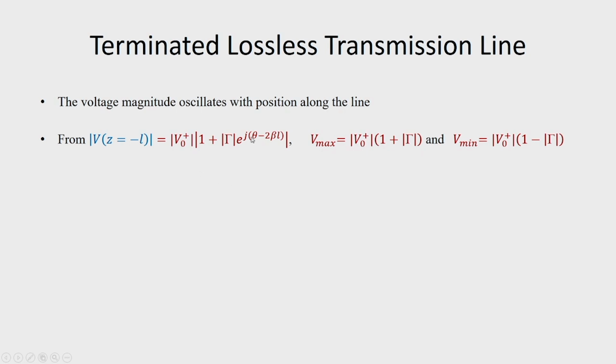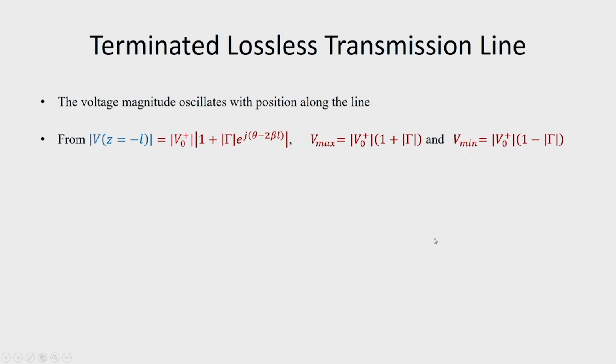Similarly, when this phase term becomes pi, this term will become minus 1 and we will get V min is equal to V naught plus into 1 minus mod gamma. So, the voltage depending upon the position on the line will keep changing between V max and V min.